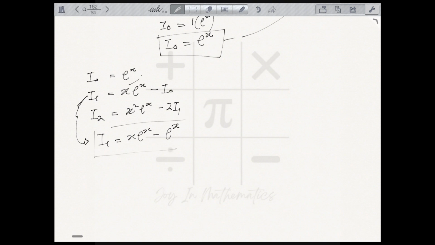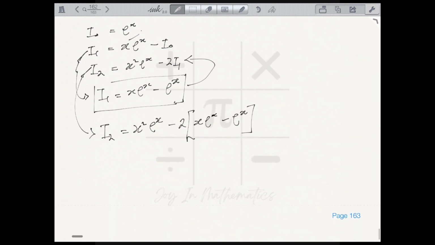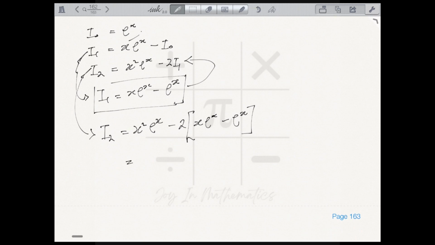So let us substitute I1 into this, and our I2 will become x squared exponential x minus 2 times I1, and I1 is x exponential x minus exponential x, and this will give us x squared exponential x minus 2x exponential x plus 2 exponential x.